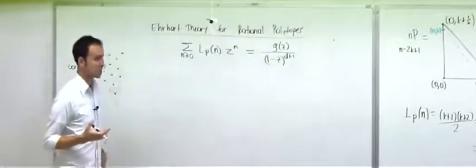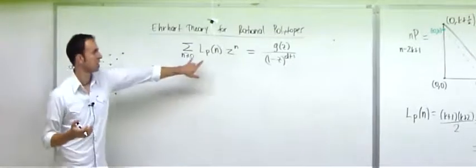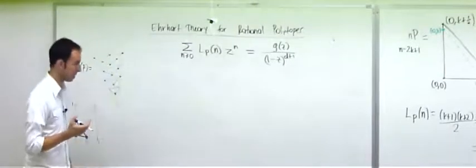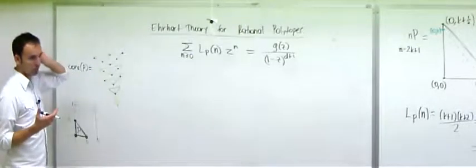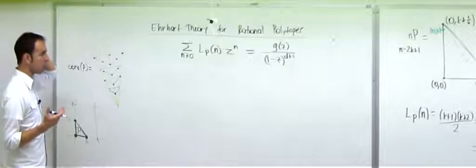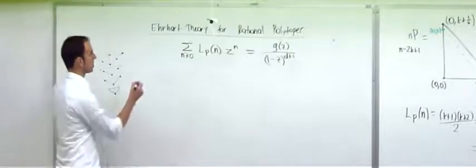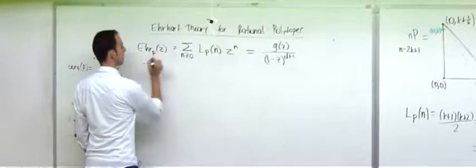Remember, that's what we proved. And then you guys proved in the homework that this implies that this is really a polynomial. Okay? And this statement is not true anymore for rational polytopes, but it's almost true. Okay? This we call the Ehrhart series.